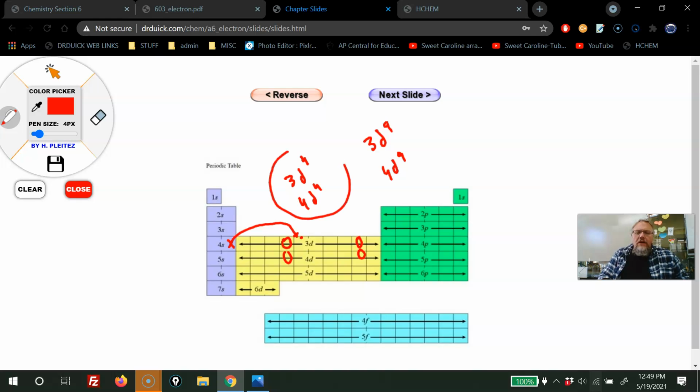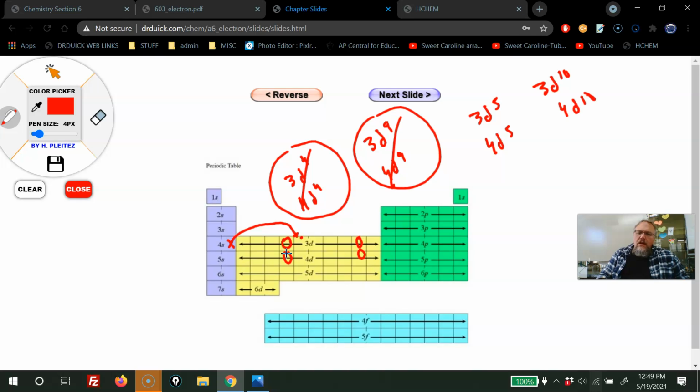So essentially, you're not going to have 3d4 or 4d4. Instead, you'll have 3d5, 4d5, and 3d10 or 4d10. And the one before it, in this case 4s, they would make it a 1, not a 2. I'll repeat this coming up when we do more stuff. So they actually steal one from this one to place here to maximize the upward spin.